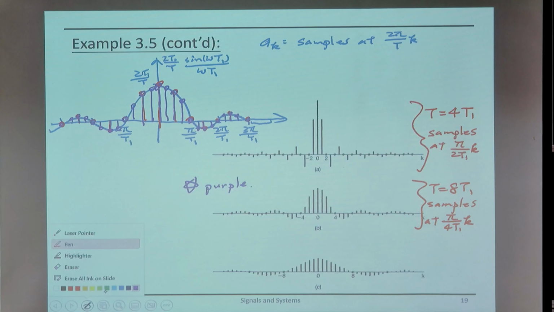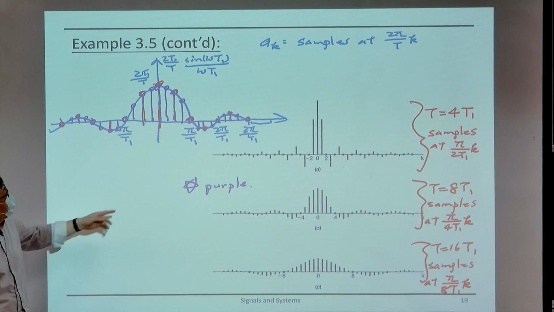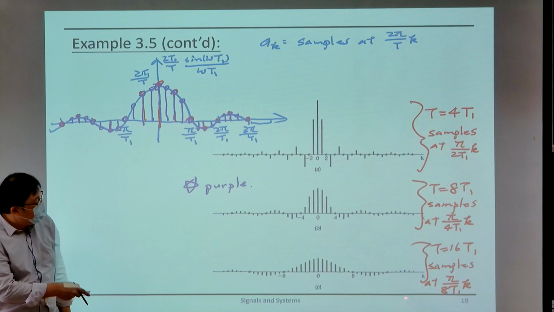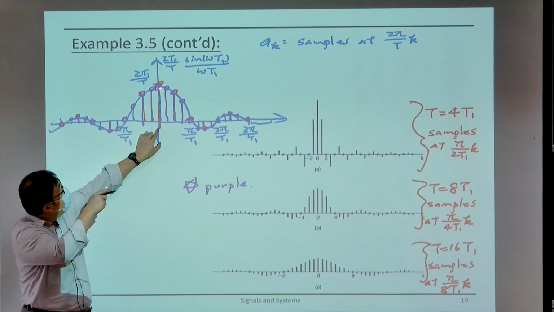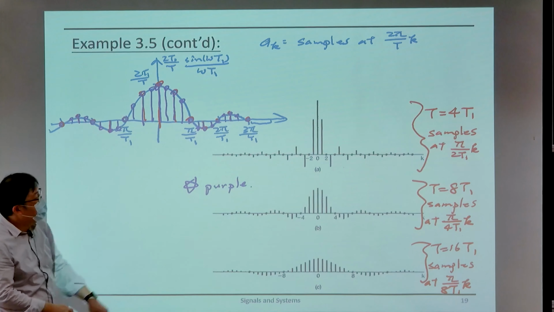This last one is for T equal to 16T1, which corresponds to samples at pi over 8T1 k. It's difficult for me to continue to draw this, but you're essentially taking twice the number of samples than the previous case.